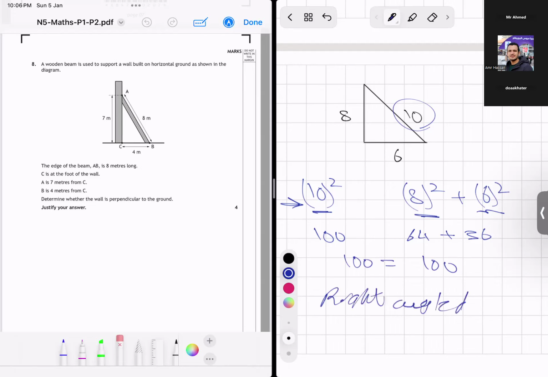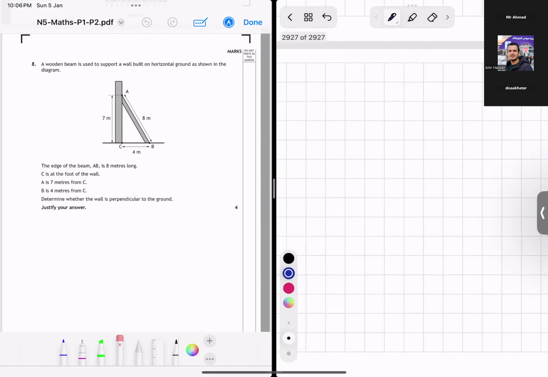It's called the converse of the Pythagorean theorem. You get it? I'm going to use the same strategy right over there to prove whether the wall is perpendicular to the ground or not. I'm not quite sure, but let me show you.